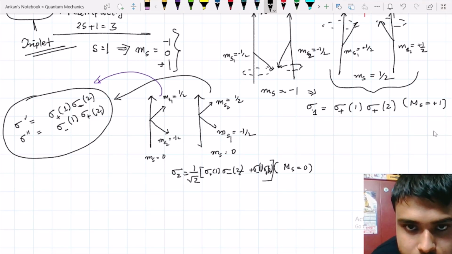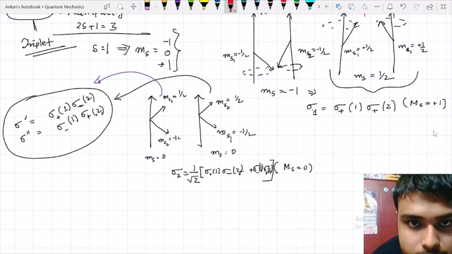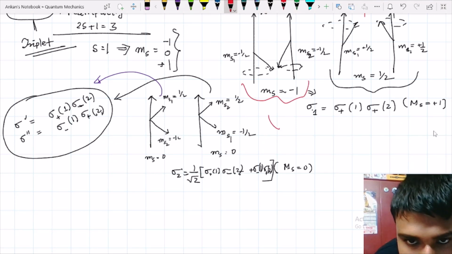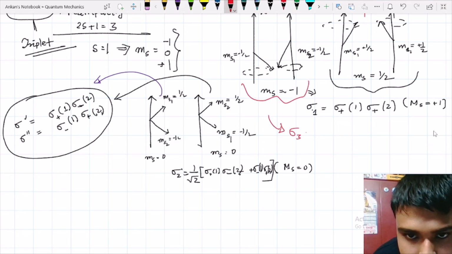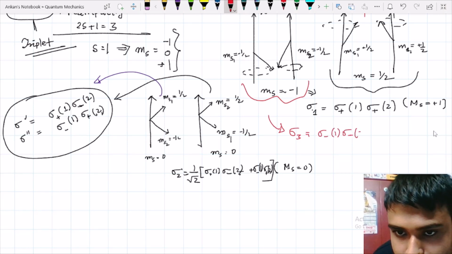And sigma 3 can also be obtained from this configuration. What is the value of sigma 3? Sigma minus 1 sigma minus 2.